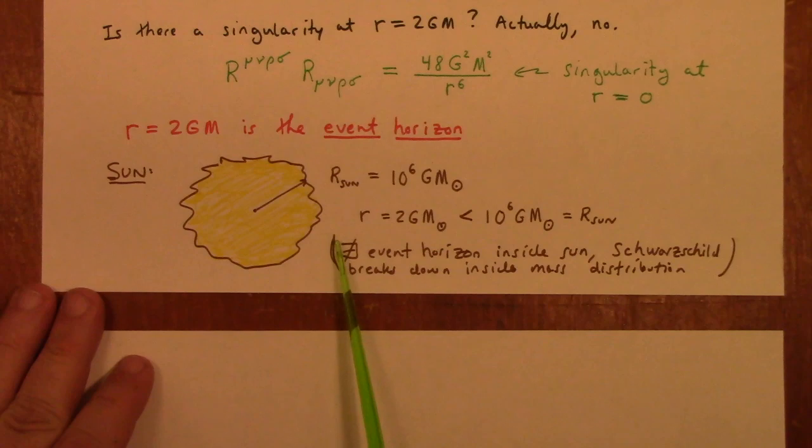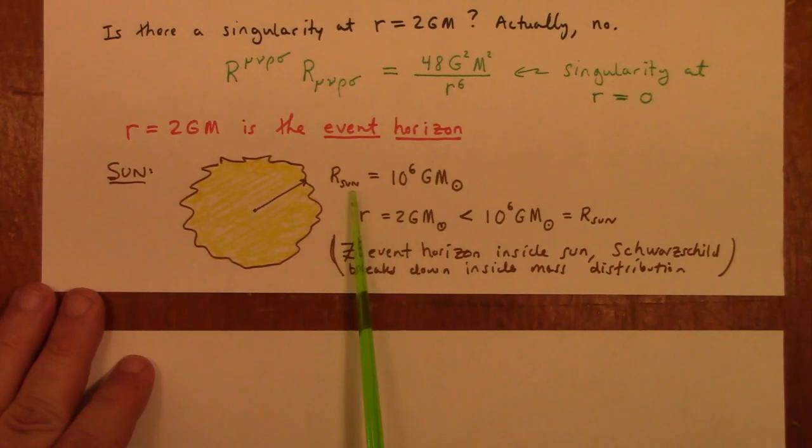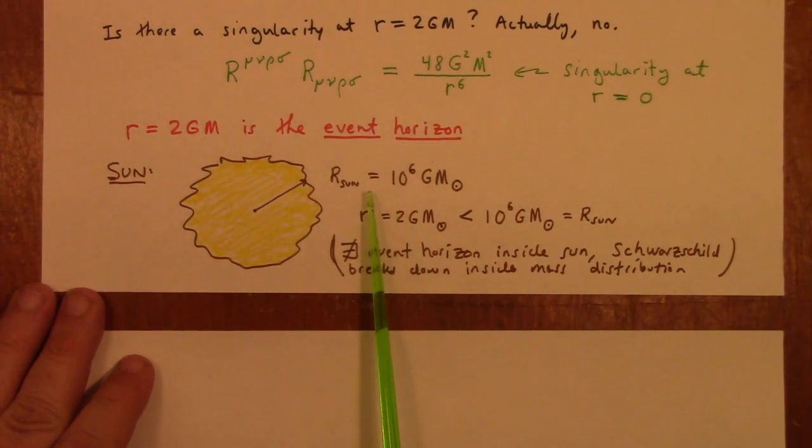Yeah. So for example, just to give you a sense of what an event horizon would be, for the sun, so you have, let's see here, the radius.